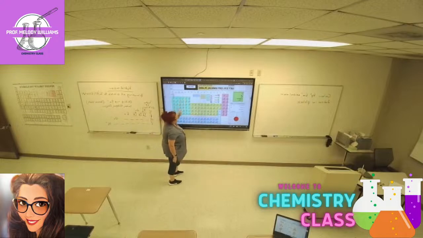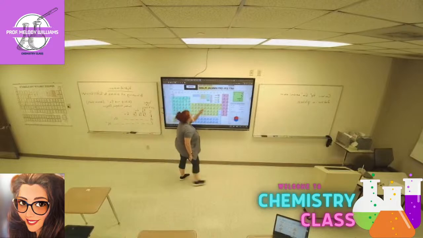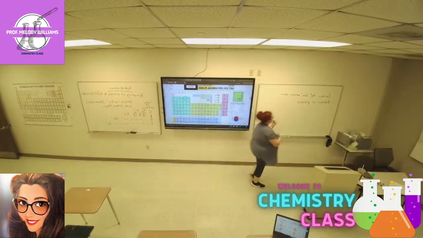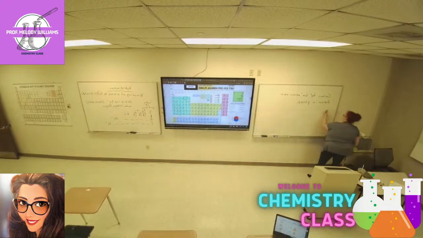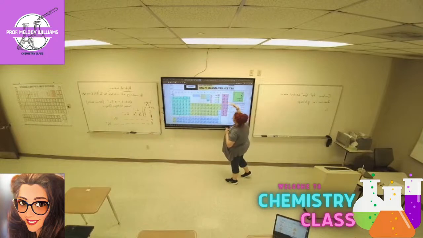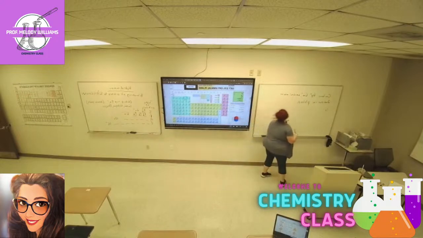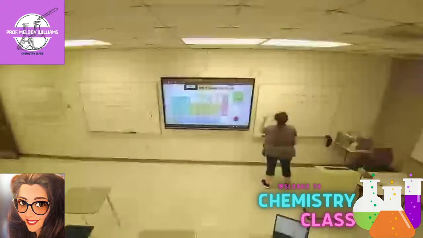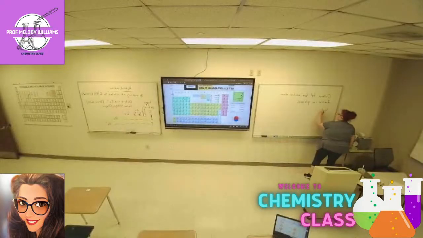So if I'm looking at carbon, there's carbon. As we're moving across to try to figure out where all these electrons go, carbon is going to start with a 1s shell, because we have to consider each row is an energy level, right? 1s, 2s, 2p.